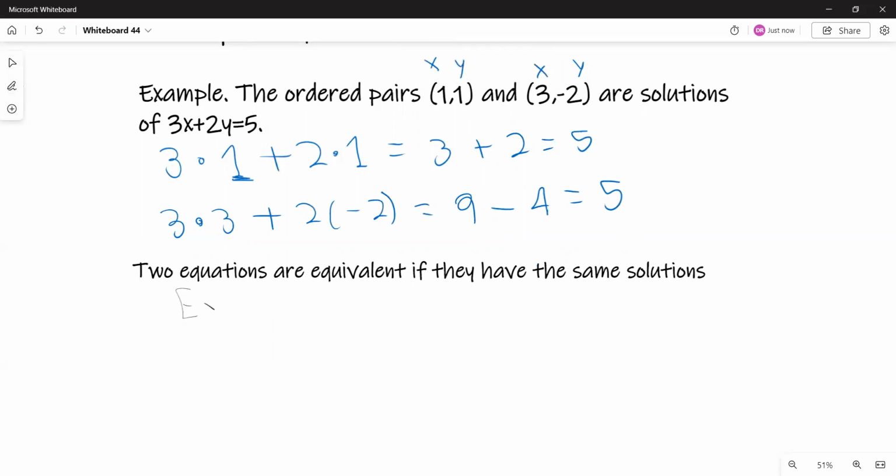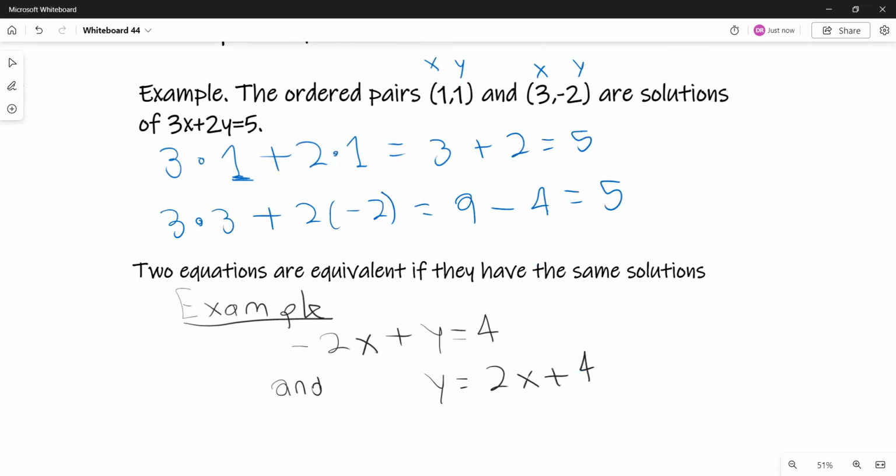Examples of equivalent equations: the equations minus 2x plus y equals 4 and y equals 2x plus 4. These two equations are equivalent. They do have the same solutions.